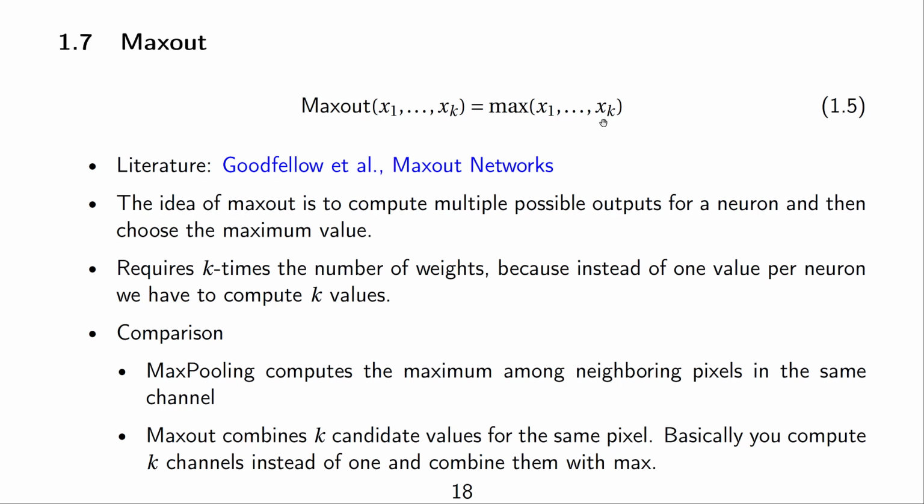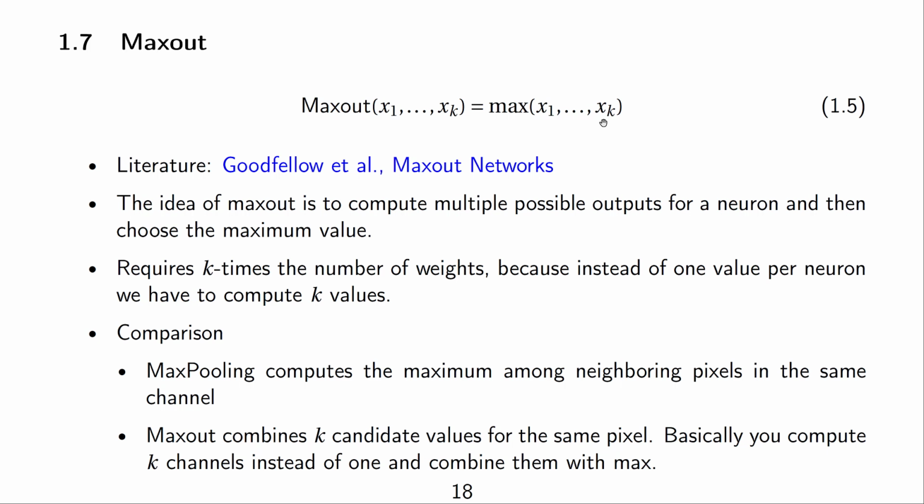And then computing the maximum across multiple channels is not really a dominant ingredient to modern neural networks. It is more common to use other ideas such as one-by-one convolutions, which maybe allows the network to use more of the information.